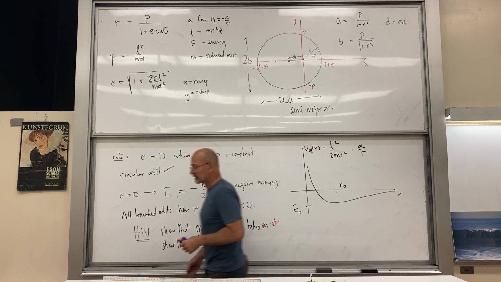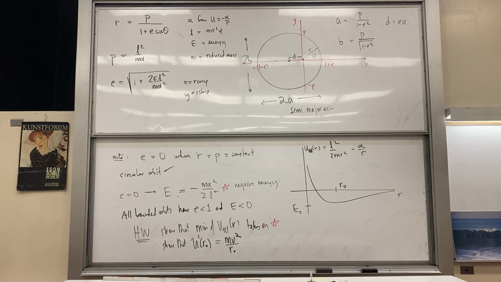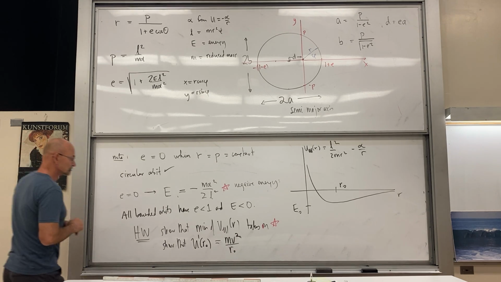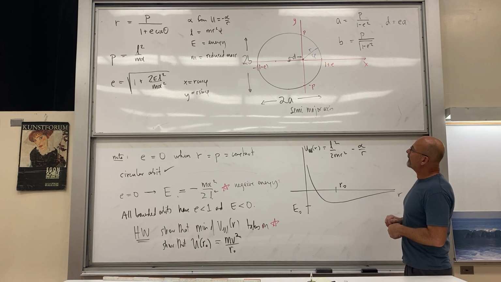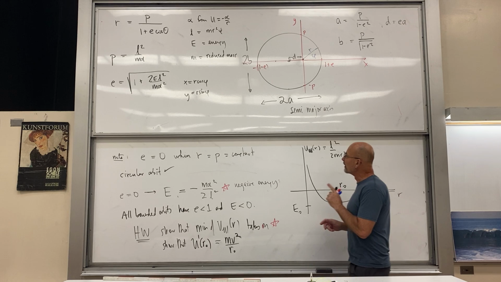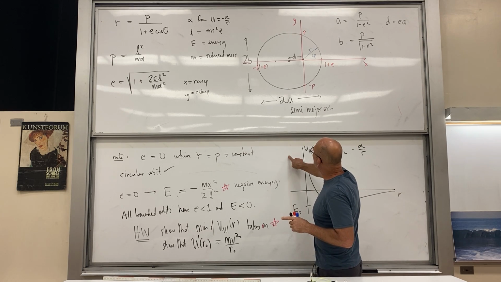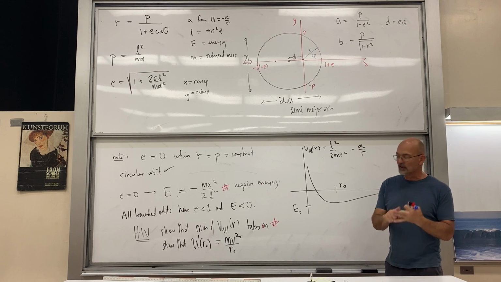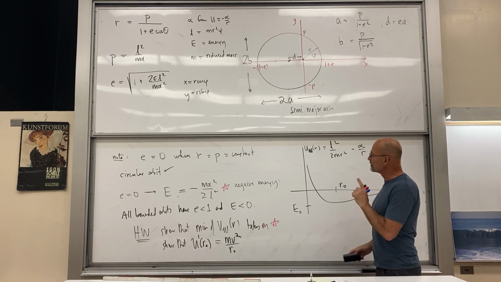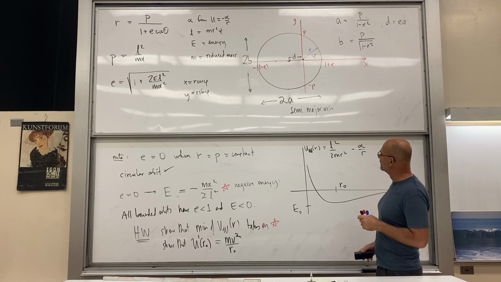Let's see how we're doing here. Okay. So my next topic, and I'm going to erase this board to do it, is to show Kepler's first, second, and third laws. Now, Kepler's first law is your homework problem, but I'll write it down as well.